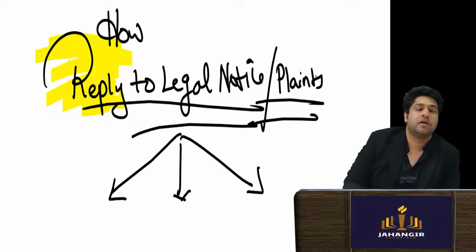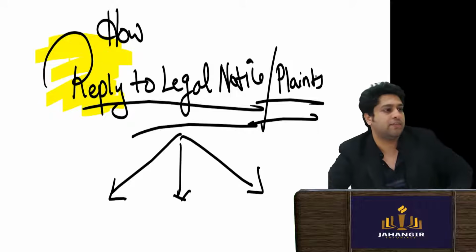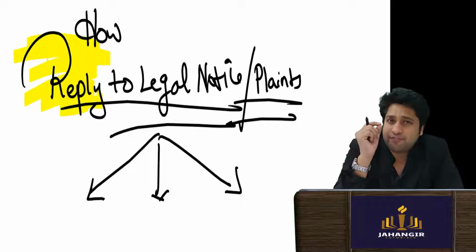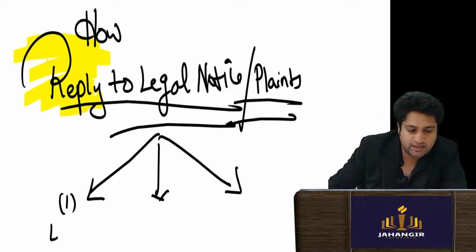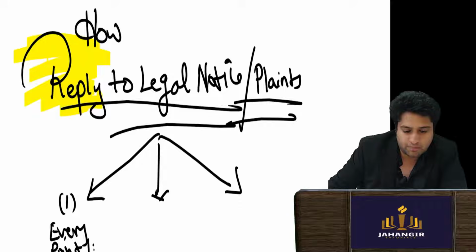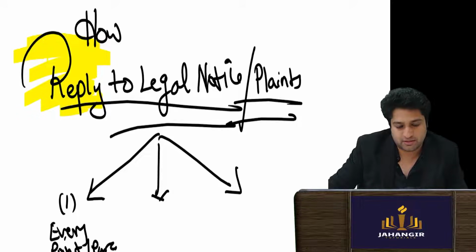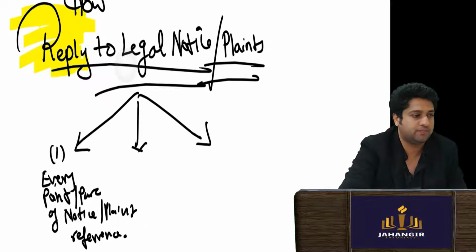Okay, how to reply. You have to understand one thing. You need to reply to every point of the plaint, so every point or para of the notice or plaint that you received, reference has to be given to each point chronologically.